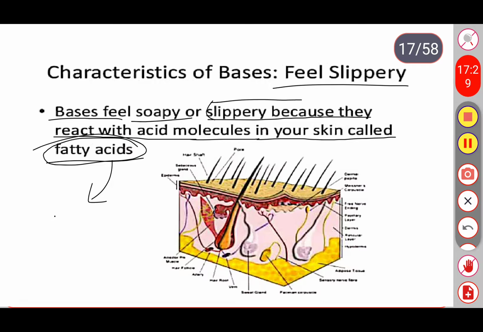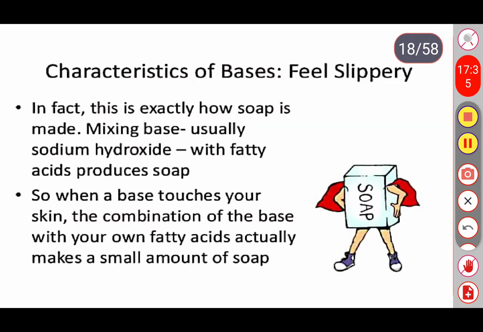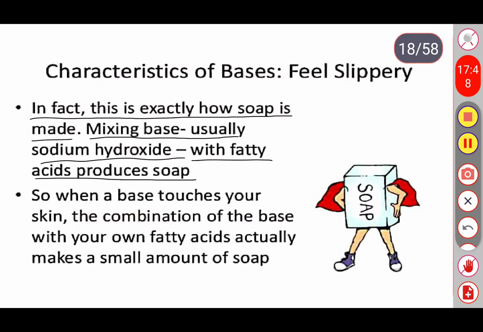See here, in fact this is exactly how soap is made. Mixing sodium hydroxide with fatty acids produces soaps. We prepare soaps with the help of sodium hydroxide, which is combined with the fatty acids. Once we add the fatty acids to sodium hydroxide, it produces soap, right?